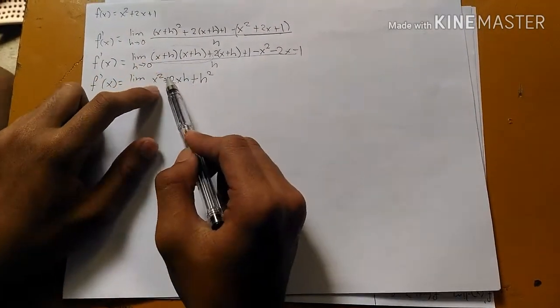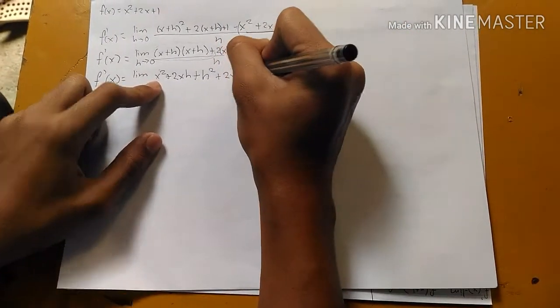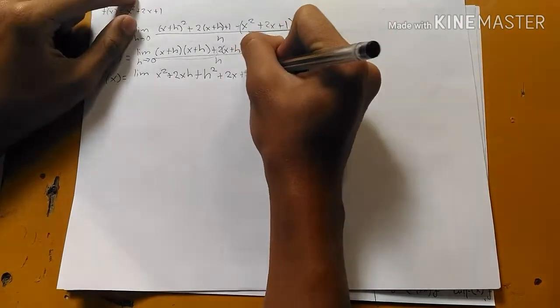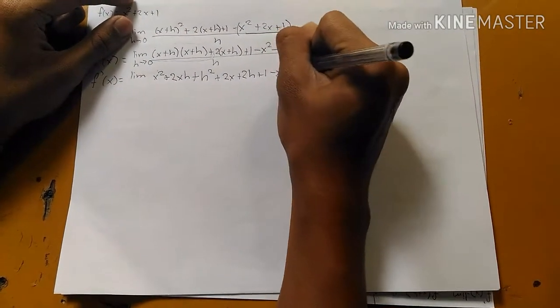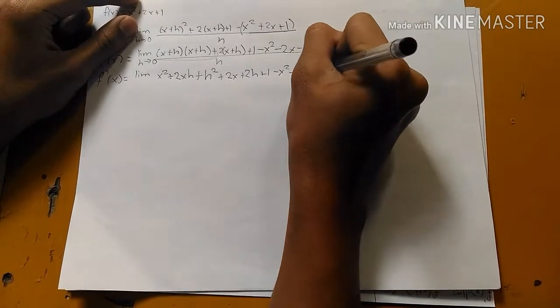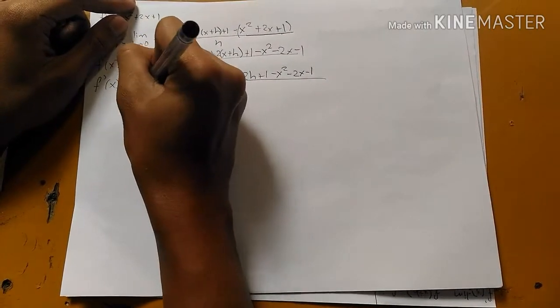When we add them, they become 2xh, plus 2 times x, 2x, plus 2h, plus 1, minus x squared minus 2x minus 1, all over h, as h approaches 0.